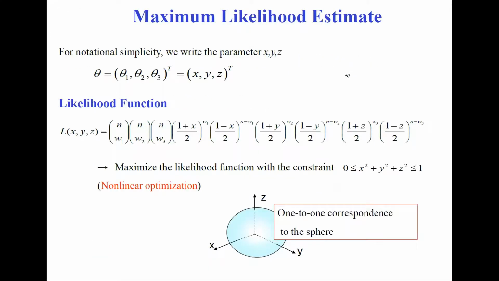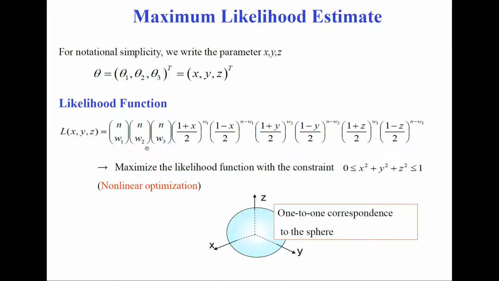The first one is the maximum likelihood estimate. For notational simplicity, from now on we often write the parameter x, y, and z instead of theta. Then, the likelihood function is explicitly written as follows.